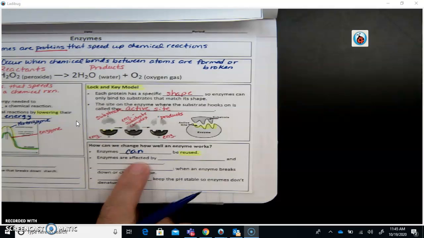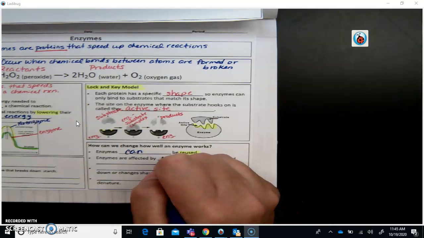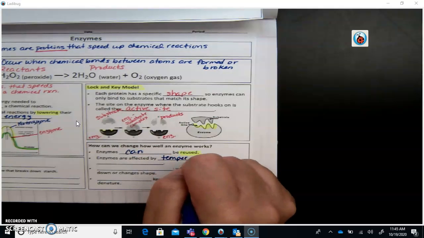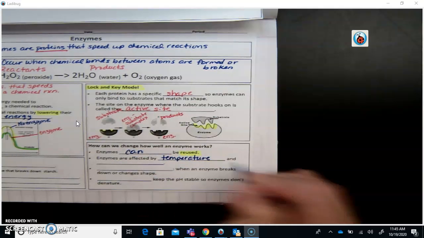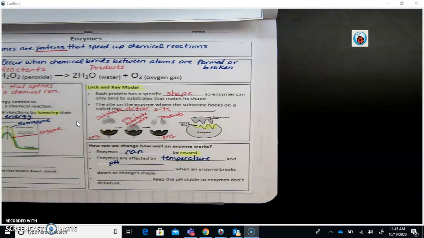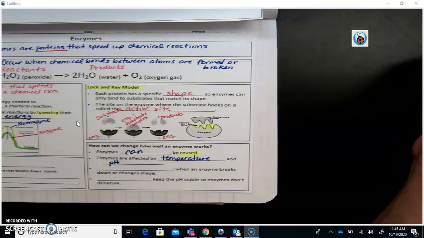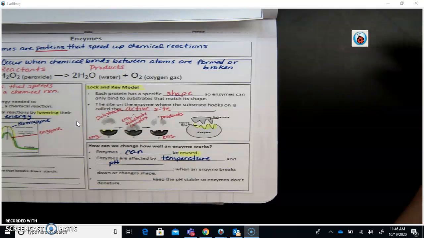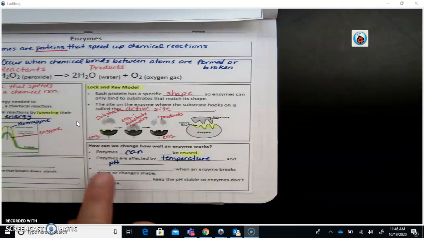Enzymes are affected by temperature, specifically high temperatures, and pHs. Usually, there are some exceptions. Most enzymes work best at around a neutral pH. Again, there are some exceptions, like the enzymes in your stomach, which can work in an acidic environment. But for the most part, they prefer a neutral environment.